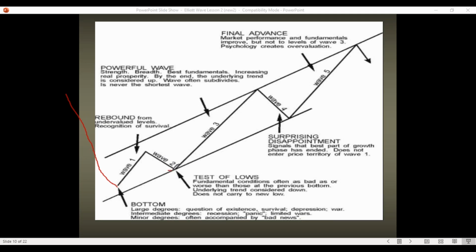What's interesting at the bottom of wave 2 is that sometimes the conditions can be equal to or worse than they were at the bottom. Some of the worst conditions of the Great Depression were felt when the market had already started to turn around, started to rally.